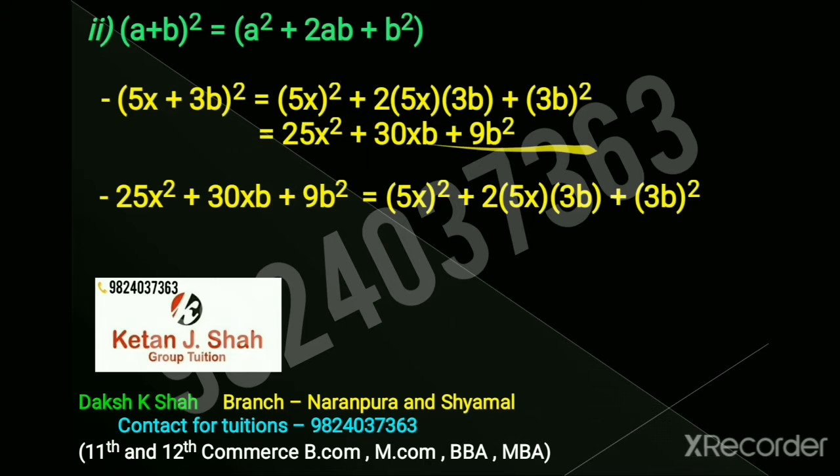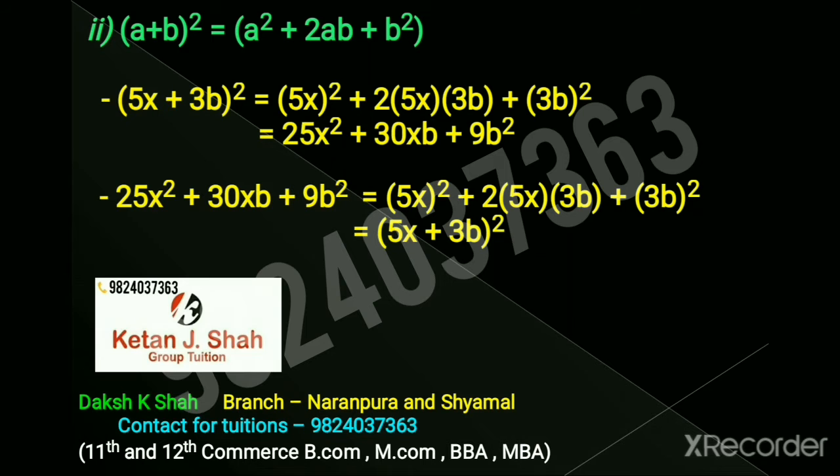The answer is given here, and you have to write the question. You have to derive the question, which will be 5x plus 3b whole square. So when it is asked like this, there is a simple trick to do this.